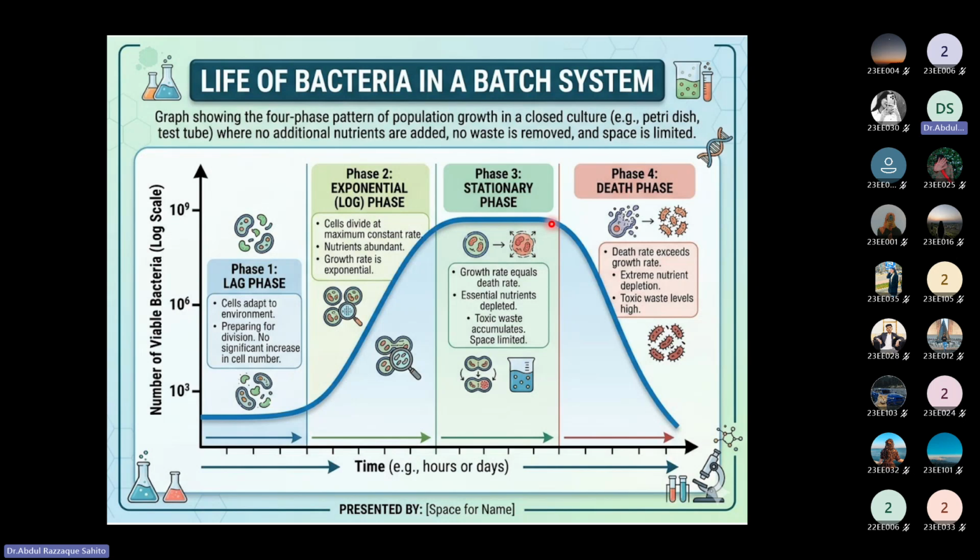After some stationary period, we have a fourth phase. We call it the death phase because the nutrients are diminished. We have extreme nutrient depletion and the toxic levels are high. This causes a very slow growth rate, whereas the death rate increases. This will cause the decay of the bacteria.